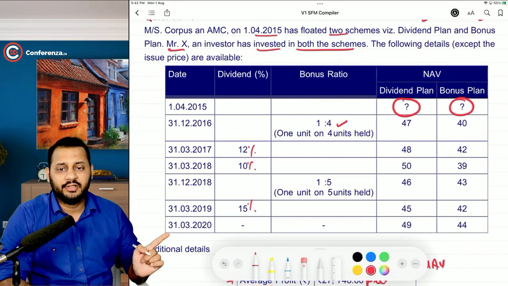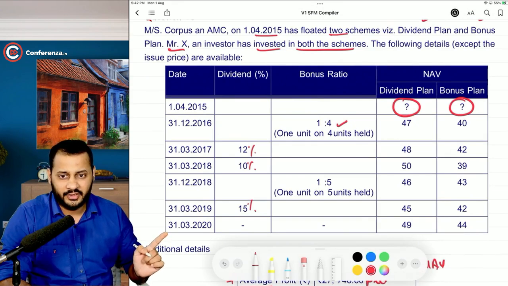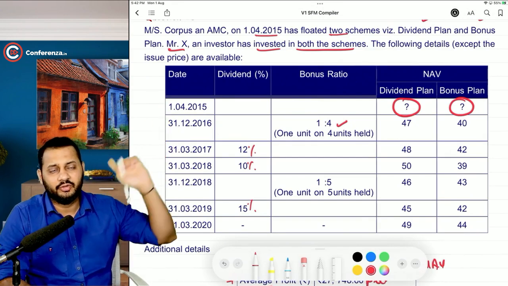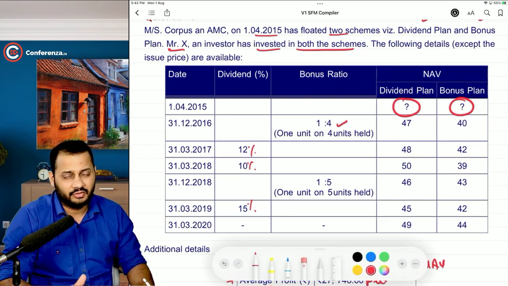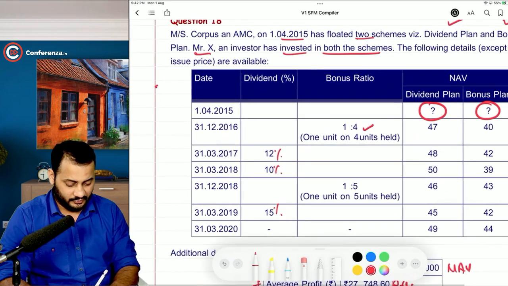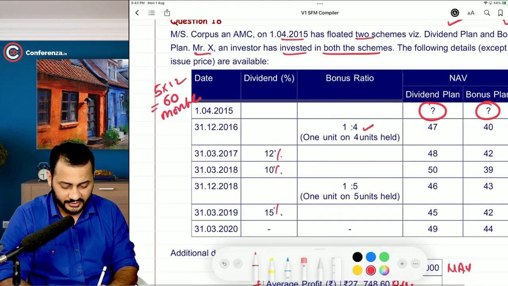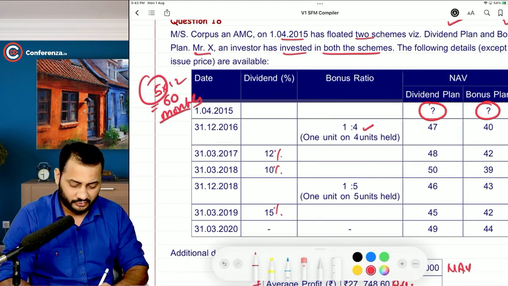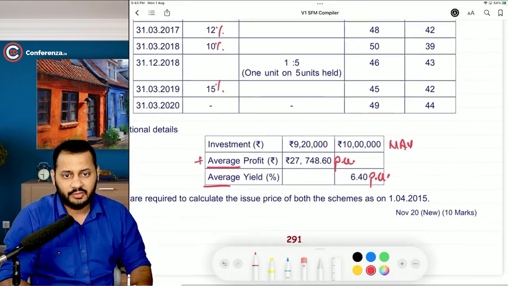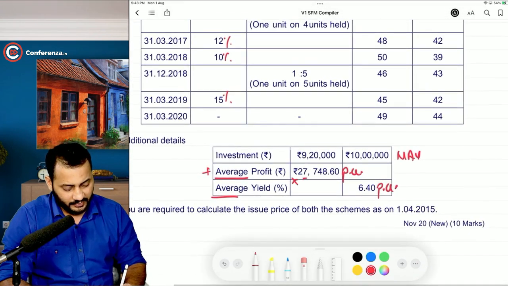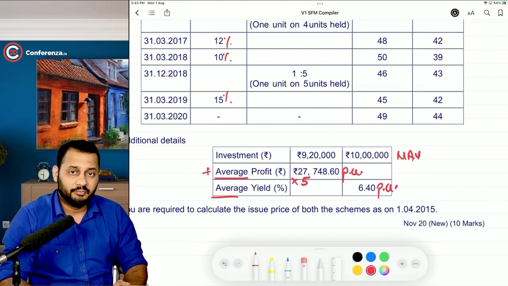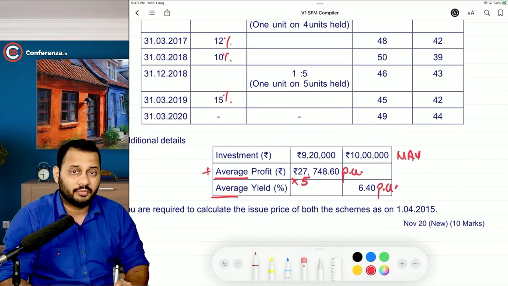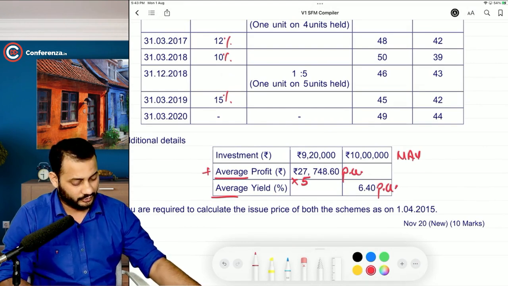You might have sold it on 31st March 2020. You started on 1/4/2015, so that goes around 5 years. 5 into 12, that means 60 months of total data. You can take 5 years or 60 months. So I'm going to multiply it by 5 to bring the total profit on the table.